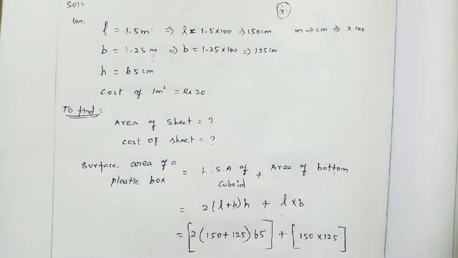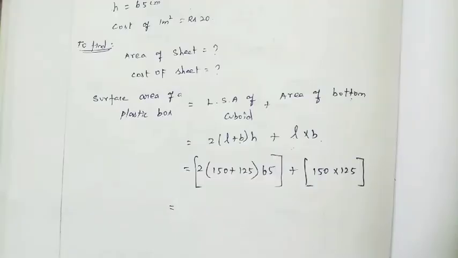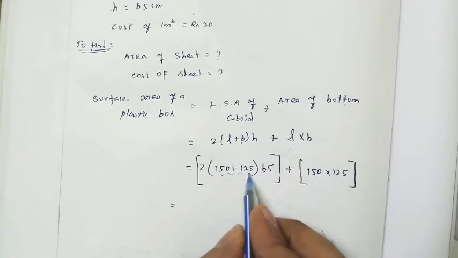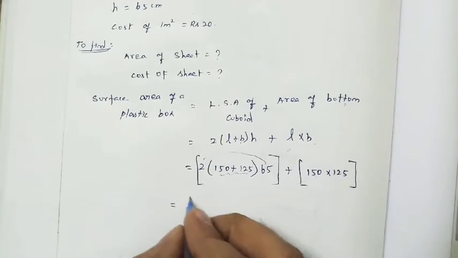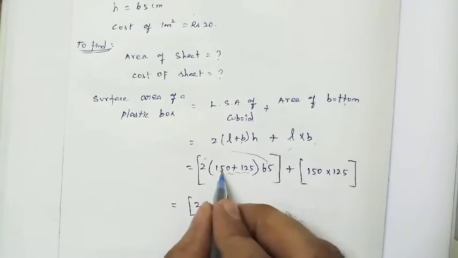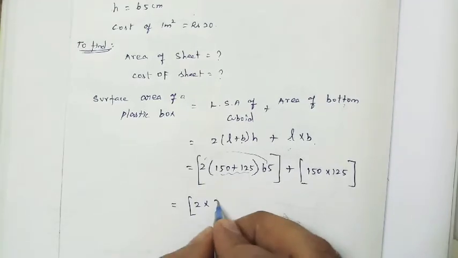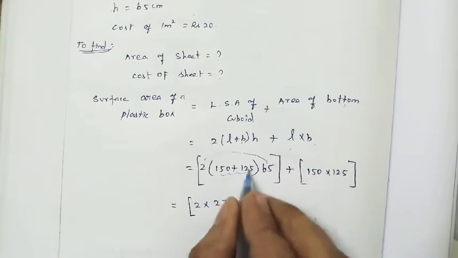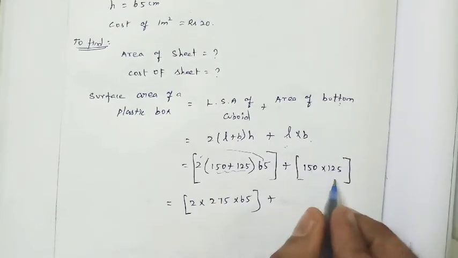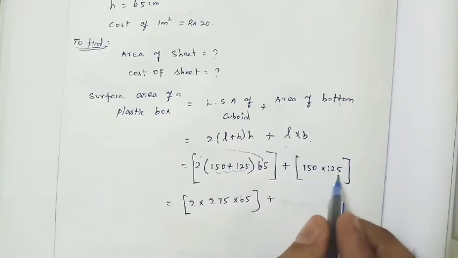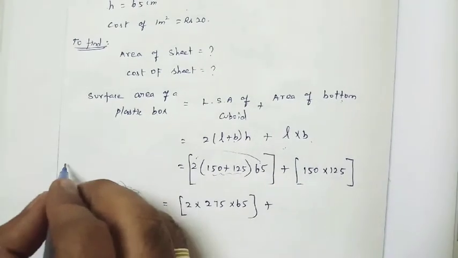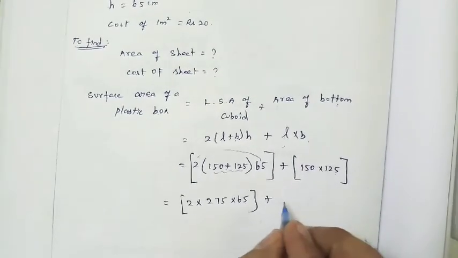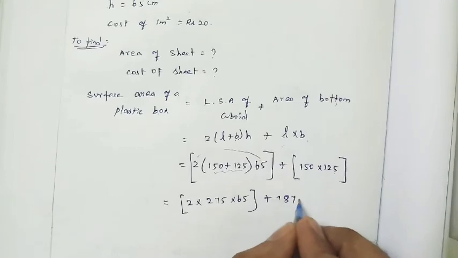First we add these two, 150 plus 125 is 275. So it's 2 into 275 into 65, plus 150 into 125. While we are multiplying 150 into 125, we will get 18,750.